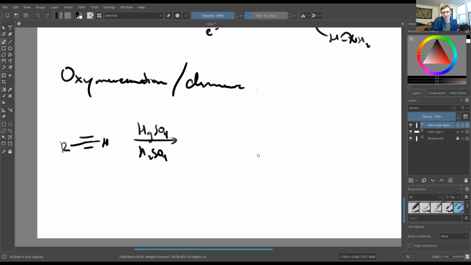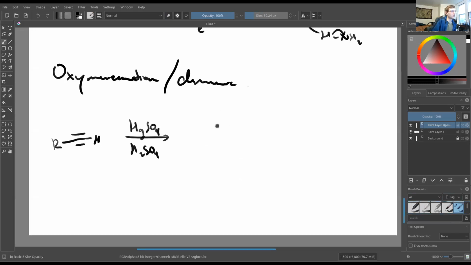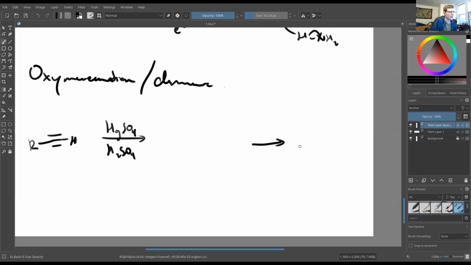Anyway, what do we get once we do this reaction? What is our product? Given that it's kind of weird, right? A methyl ketone. Yeah, exactly. So we wind up getting a methyl ketone, and maybe I'll write this a little bit to the right, because that might be easier to think about.